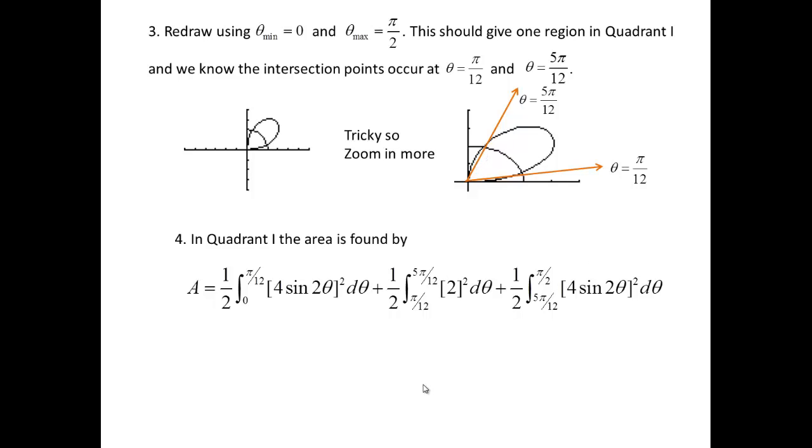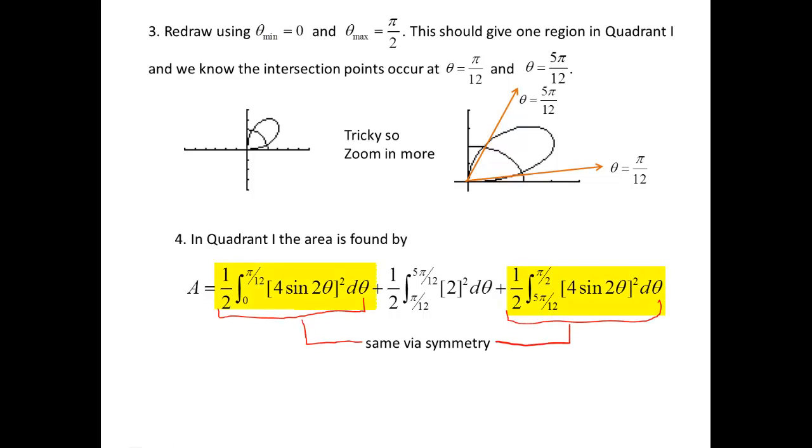Now, I think that this little sliver here is found by this integral, and that little sliver here is found by that integral. I think those two have the exact same value. So since I think they are the same, I can use symmetry. That's exactly why they're the same.